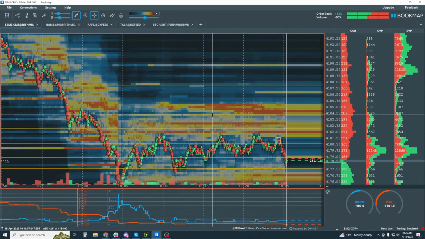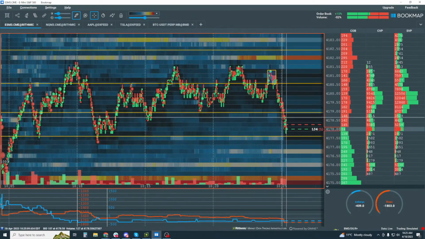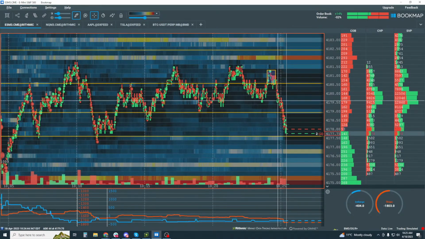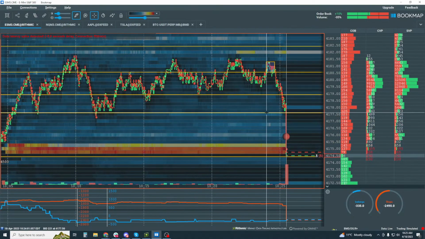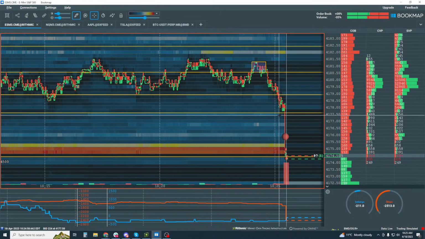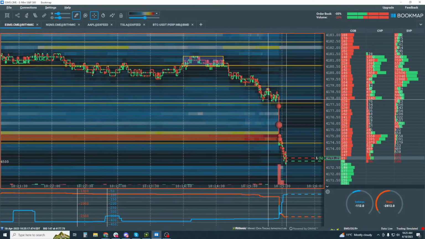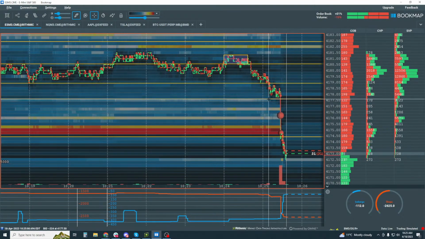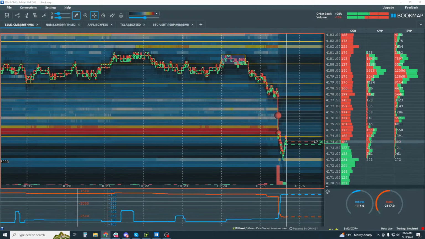And is this going to be a bigger break? I don't know. It doesn't look like heavy selling here. It's a strong move. Look at the slant there. Wow. Okay, so something just happened in the market right now. I don't know if there's some data release or someone said something.